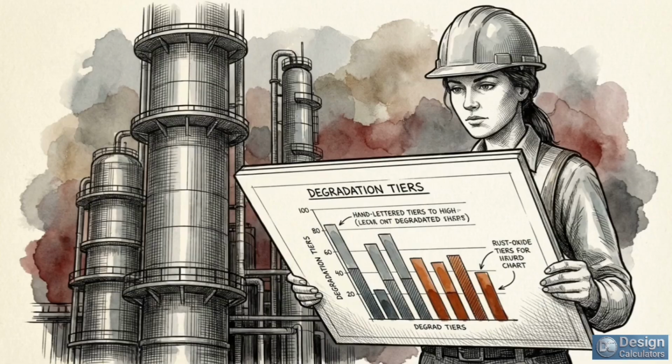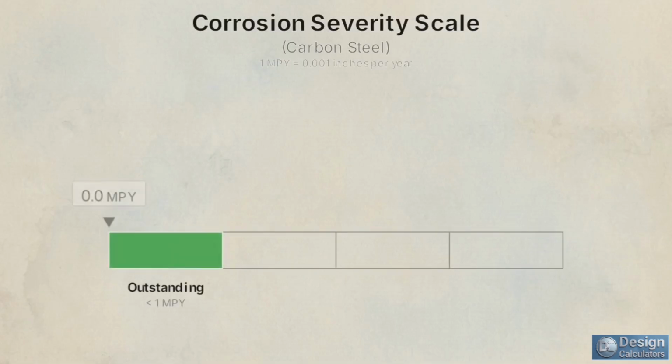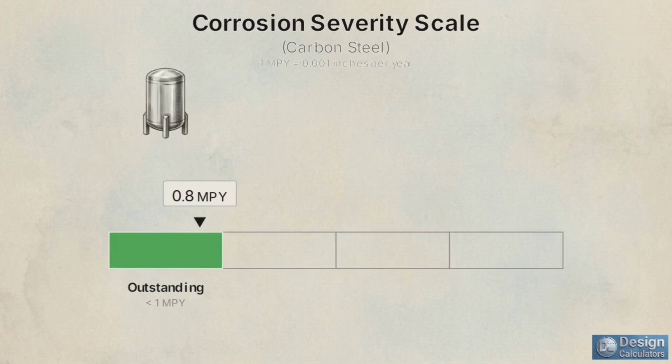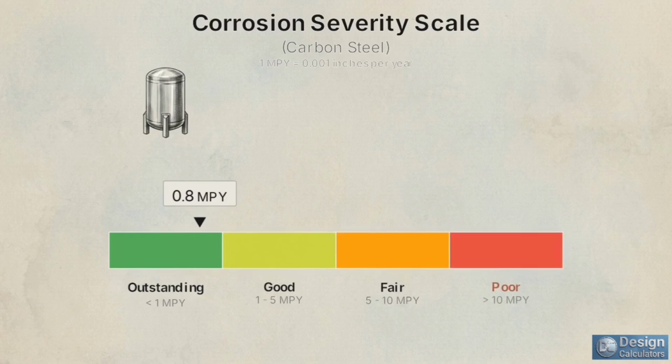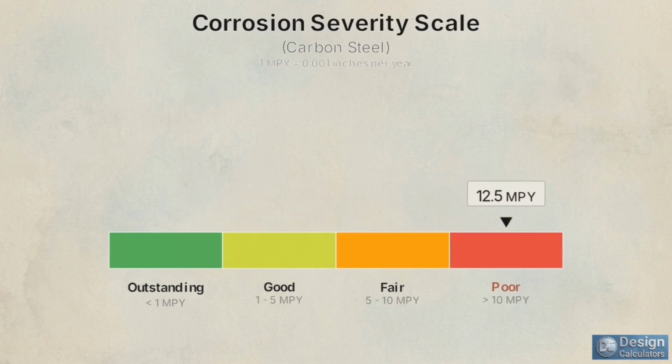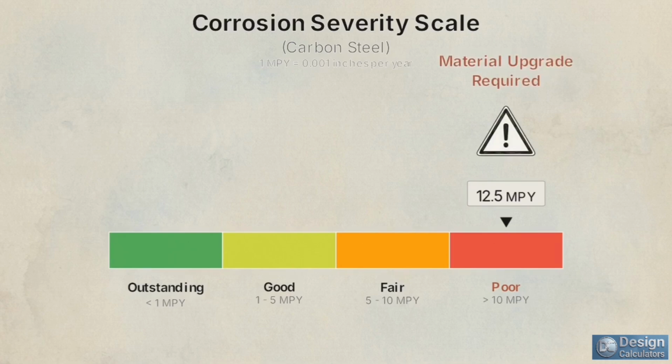Out on the industrial front lines, engineers take these MPY results and map them onto a strict severity scale. If the rate clocks in at less than 1 MPY, it hits the outstanding tier. This ultra-slow decay is required for highly sensitive components like pharmaceutical storage tanks. This scale visualizes the danger zones. If a calculation returns a value exceeding 10 MPY, the material falls into the poor category.